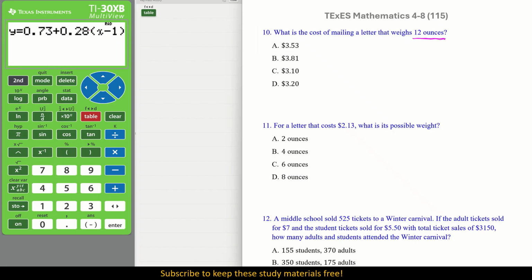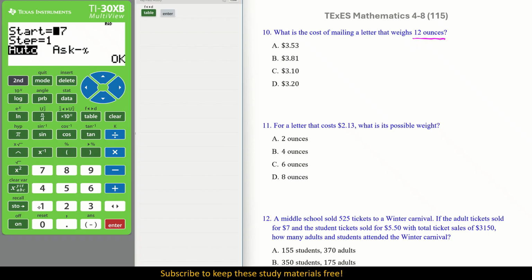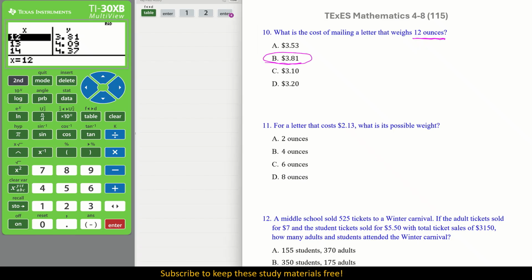Well, 12 is definitely within that interval. So let's check what 12 ounces would be. Enter and type in 12. We want to start there because that's what we're looking at. Enter. $3.81, option B. Nice.